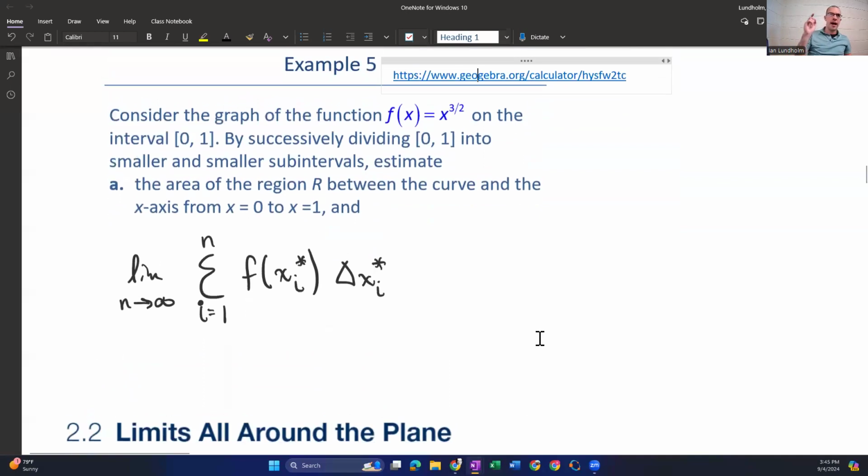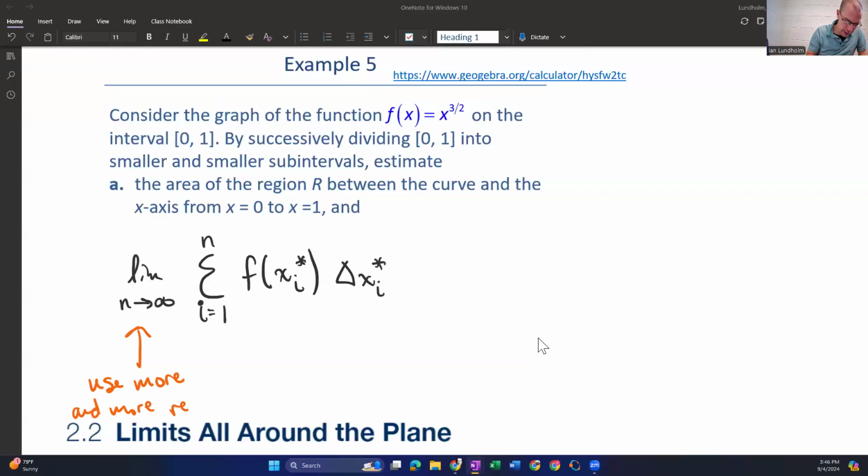And real quick, I want to explain what this limit means. This is definitely some new notation for many, I would wager. But what this says is that as we let the number of rectangles go to infinity, so use more and more rectangles to approximate the area.